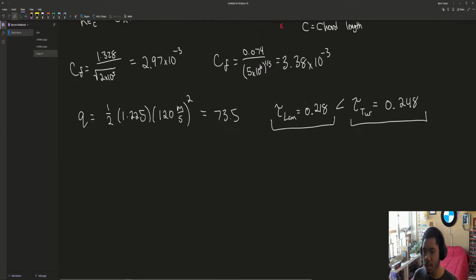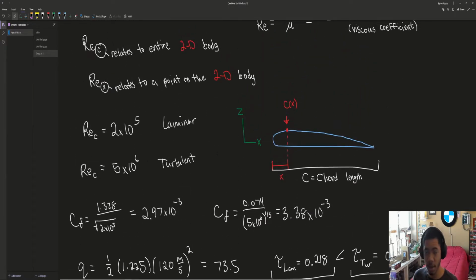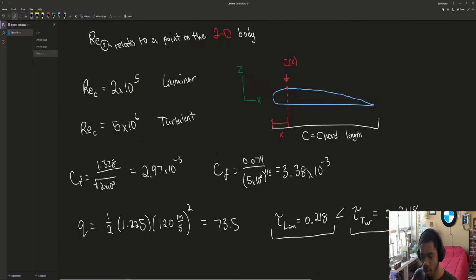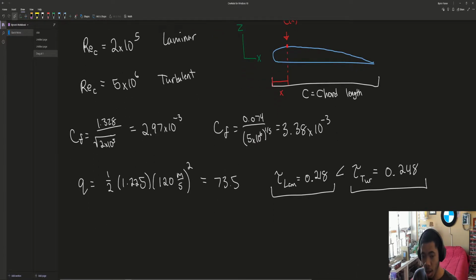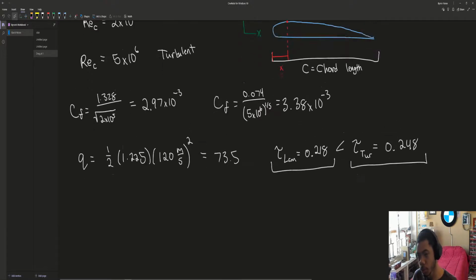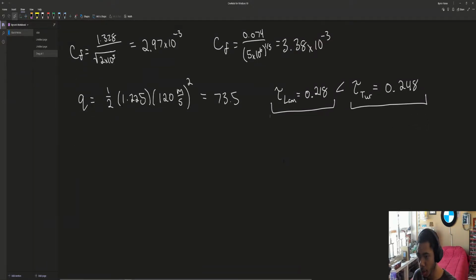Now, let's say, for the sake of this example, that our flow right here is on a symmetric body. For the sake of a symmetric body, I'm actually going to draw a supersonic airfoil here, a modified double wedge.